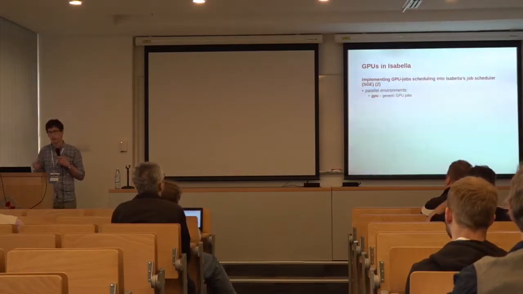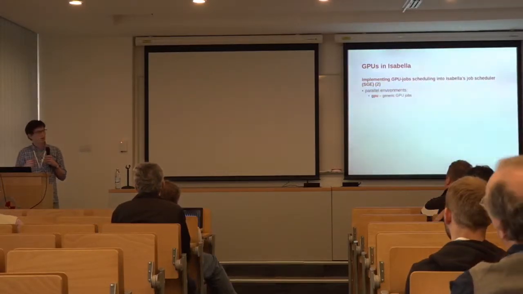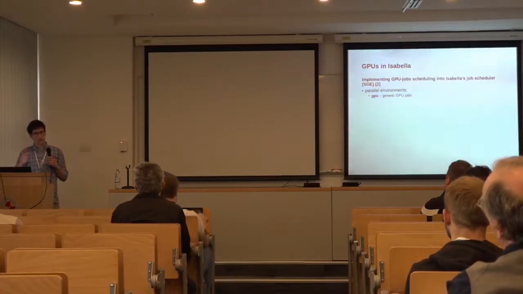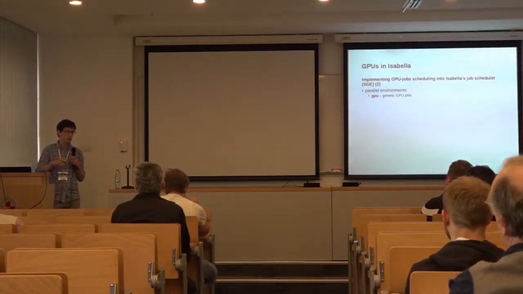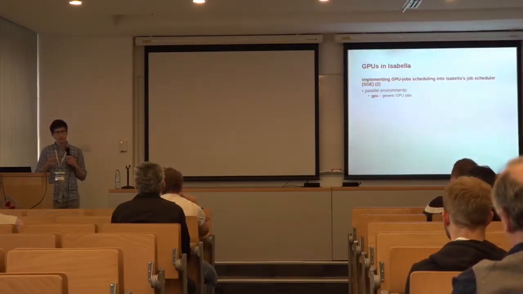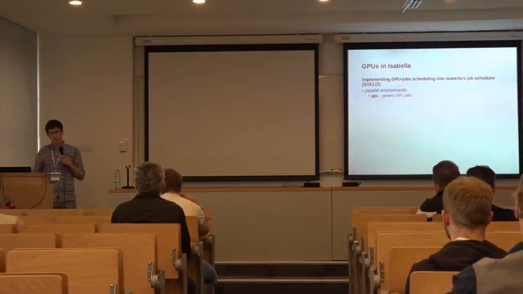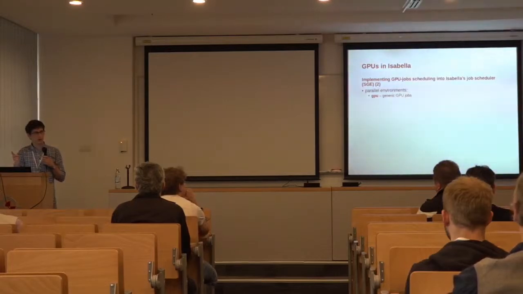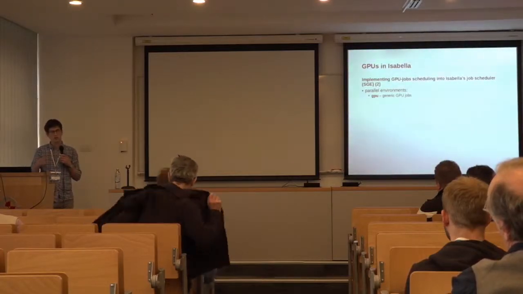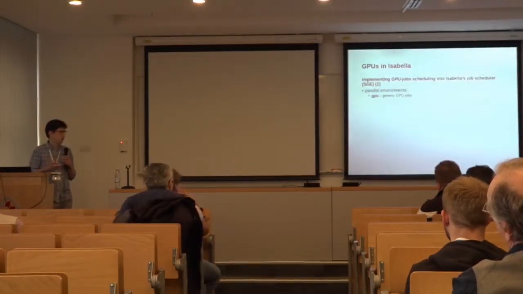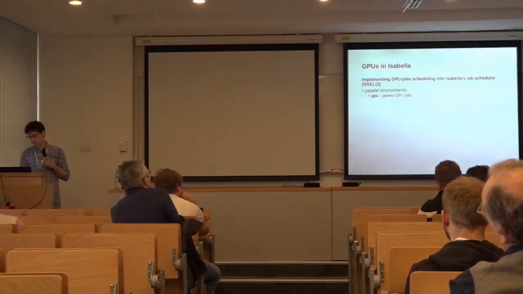So if a person says, I want 4 of them, the job scheduler will look at how many queues are available. If there are 4 queues available, it will start a job on those 4 GPUs, and they can be sorted in any way. So you can have 1 GPU on one node, 3 GPUs on another node. Of course, because of the communication between nodes, that can cause some latency and a drop of performance.